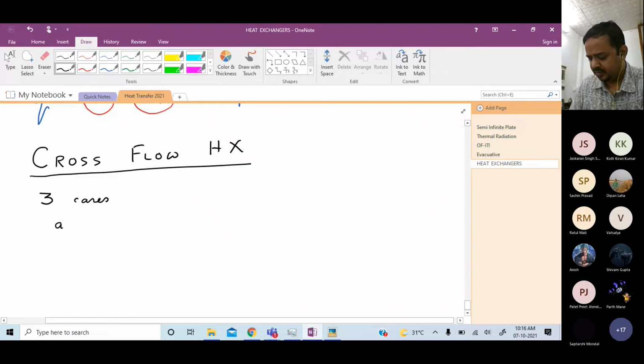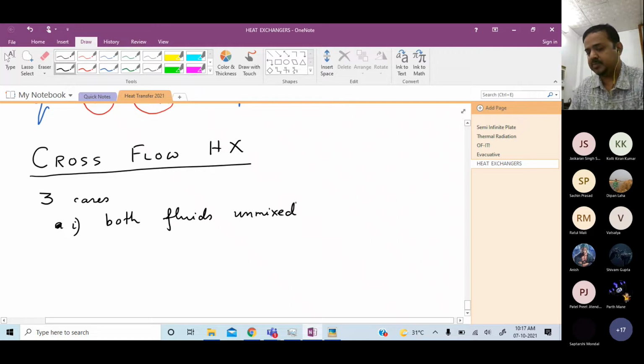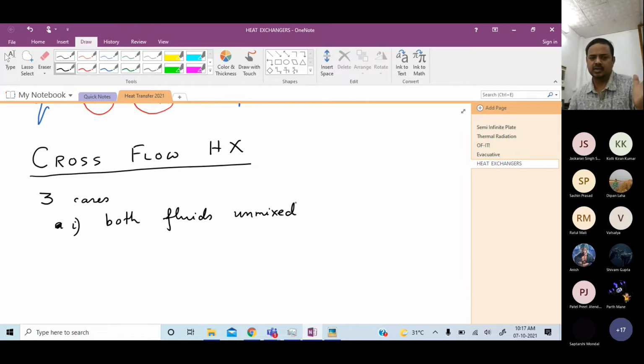Case 1, both fluids unmixed. Remember, if the fluid is flowing through a tube, it's unmixed because through each tube, the fluid flows in isolation.